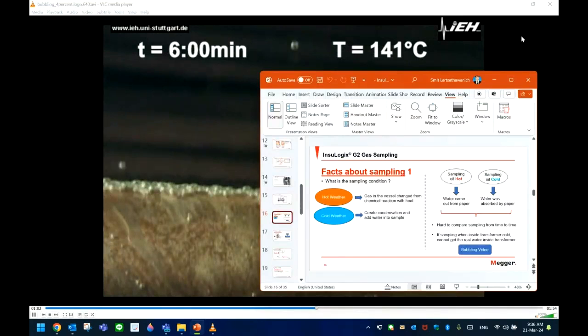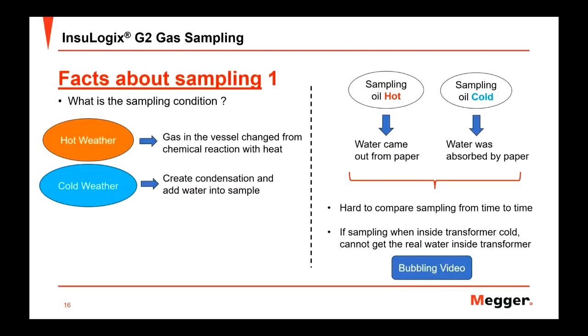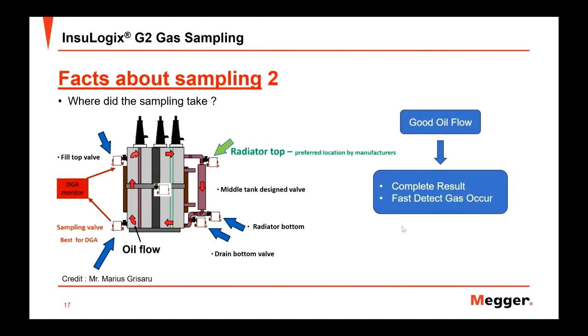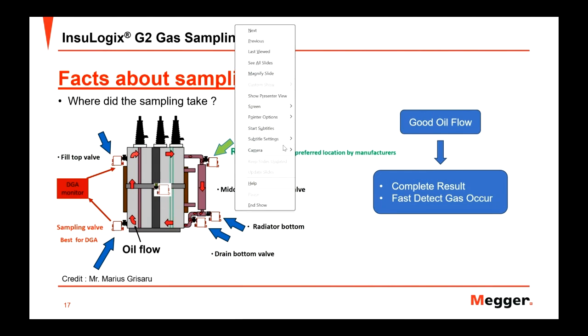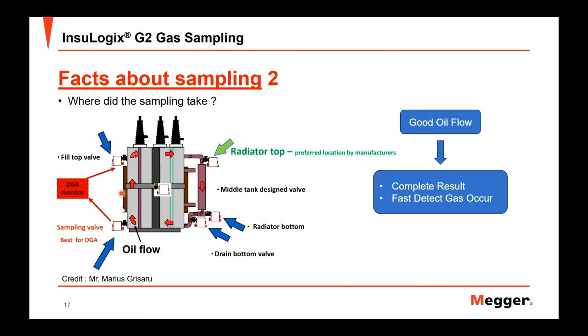Let's go back to our slide. The second fact about the sampling is you can sample at many places, such as in this picture. You have here and here and here and here.